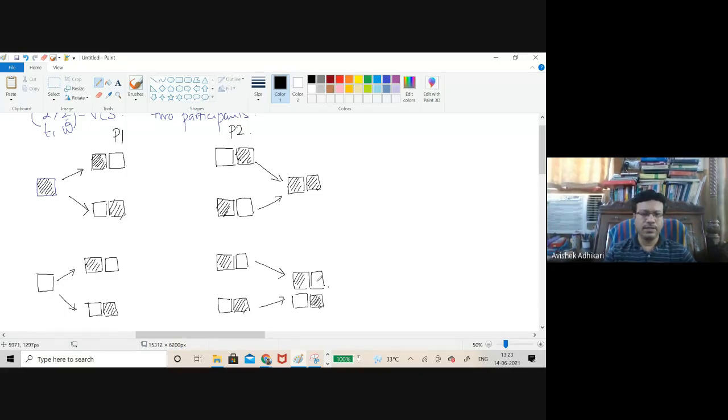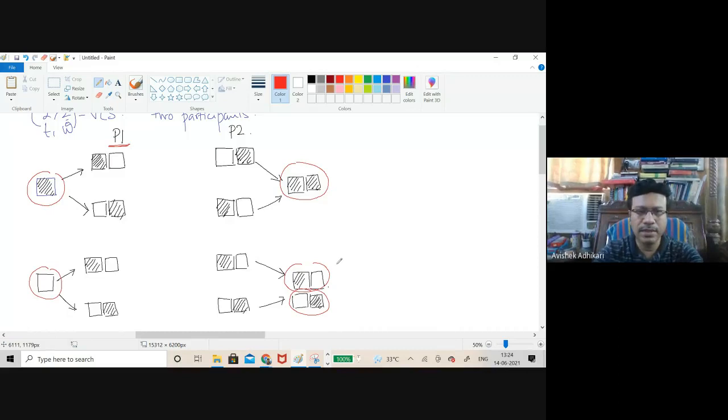First, note that for 1 pixel, I am giving 2 pixels to each participant. Not only that, for black, I am getting 2 complete black pixels, but for white, I am getting 1 black, 1 white, or 1 white, 1 black. Now, how is this understood?